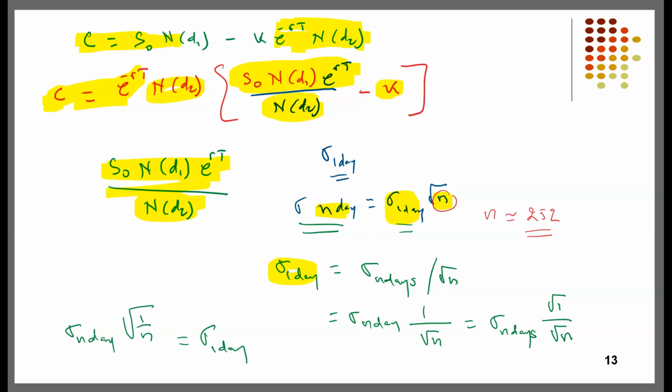So the annual standard deviation is the daily standard deviation multiplied by the square root of 252. However, the daily standard deviation is going to be equal to the annual standard deviation multiplied by the square root of 1 over 252. And that's essentially what that down there referred to.